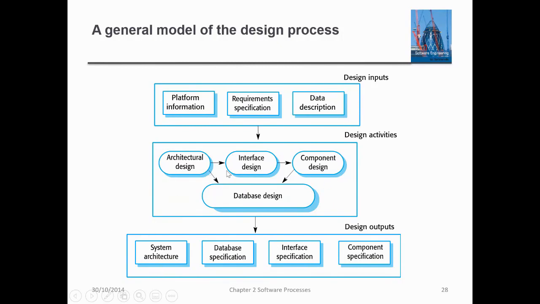As a result of these activities, we're going to end up with our system architecture, our database specification, all those ER diagrams, our interface specifications, what calls can we make, what the user interfaces are, and then what each component is going to do. And then that work can be divided out to different teams to work on the components.